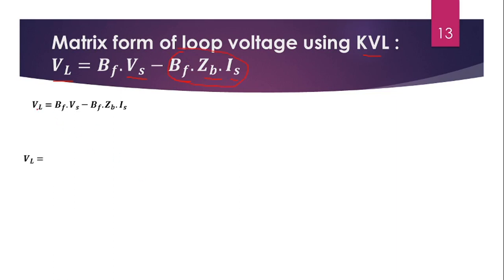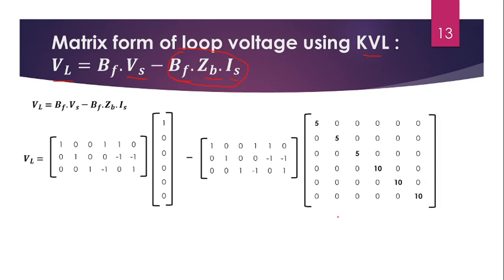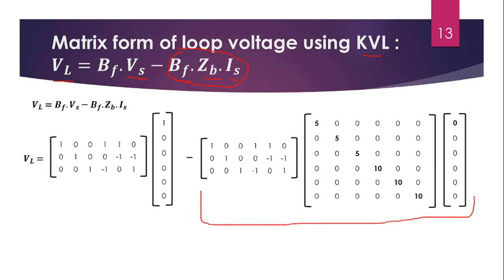So VL equals the B-set matrix, which we already found, times the source voltage matrix, which we also found, minus the B-set matrix into the impedance matrix, which we have found, and the current matrix. The current matrix is 0, so the product of these three becomes 0.